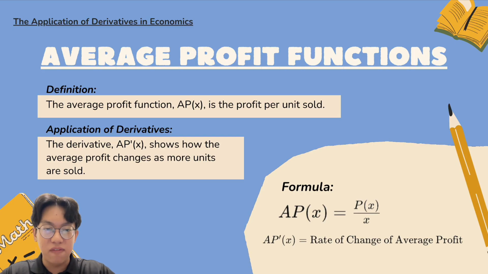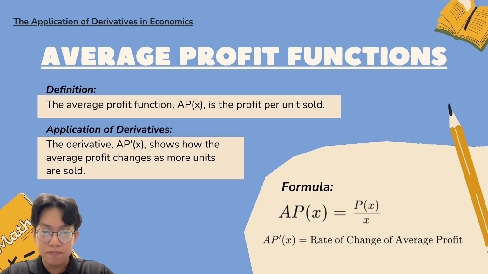And for the last part of the application of derivatives in economics, we have the average profit function, denoted as AP of x, which measures the profit earned per unit sold. The formula for the average profit is AP of x equals P of x over x. Here, P of x is the total profit.